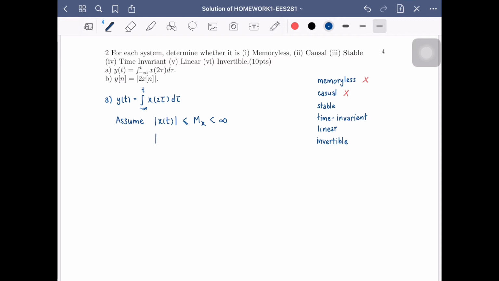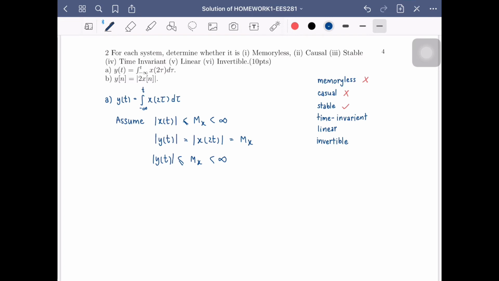Then we have the absolute value of y(t) equal to the absolute value of x(2t), which is equal to Mx. So we know that the absolute value of y(t) is less than or equal to Mx, which is less than infinity. So this one is stable.